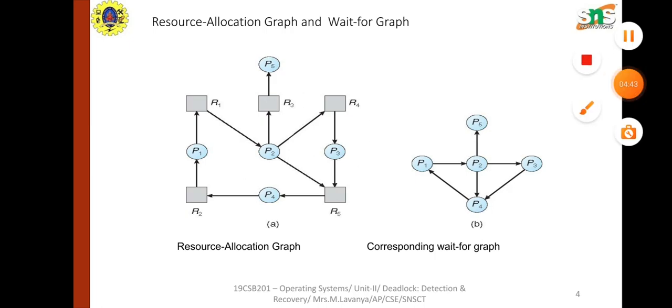If the wait for graph forms a cycle, then there is a possibility of occurrence of deadlock in that single instance resource. Okay, let's see briefly about the construction of the wait for graph from the resource allocation graph now.